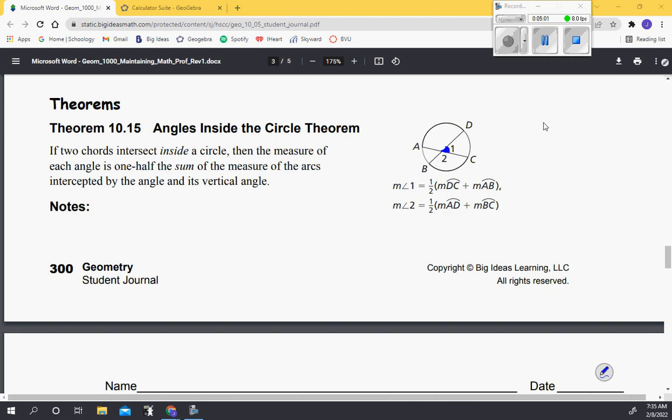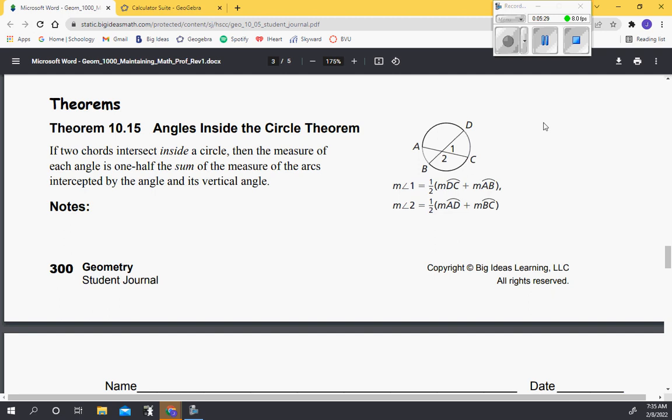So angle 1 and this angle here are congruent. To find that measure, you find the arc it creates. So the measure of angle 1 creates this arc, DC, plus the measure of this arc, AB. It's a vertical angles arc, right? So you add those together and then divide by 2. That's how you'd find angle 1.